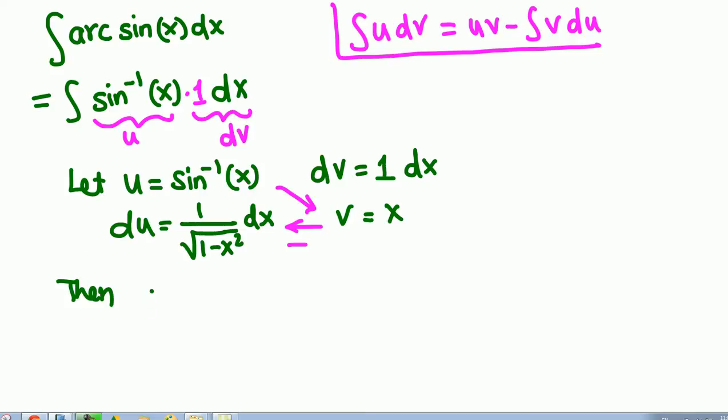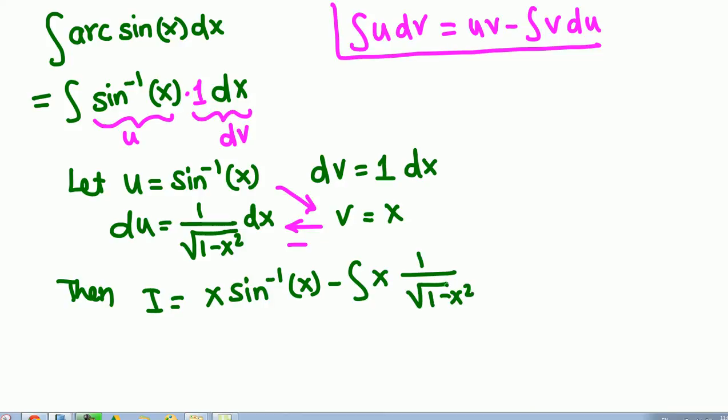So the given integral is uv, sine inverse x times x. Let me write x in the first place: x sine inverse x minus integral of v du, so x times 1 over root 1 minus x squared dx.